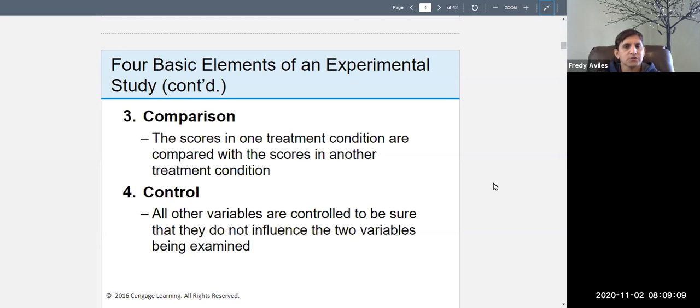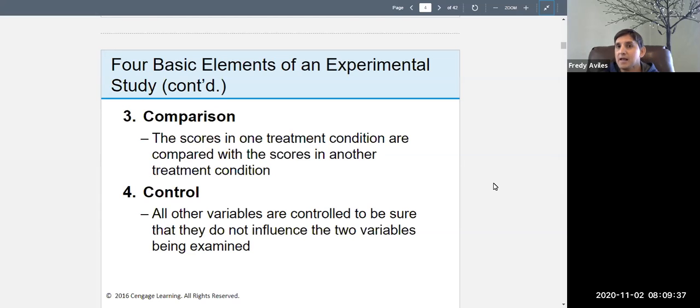It also involves control. All other variables are controlled to be sure that they do not influence the two variables being examined. That fourth one is important. By control, what we mean is that we try not to allow other things to have an effect on the outcome of the experiment. So we're going to control things, maybe like temperature, the environment.